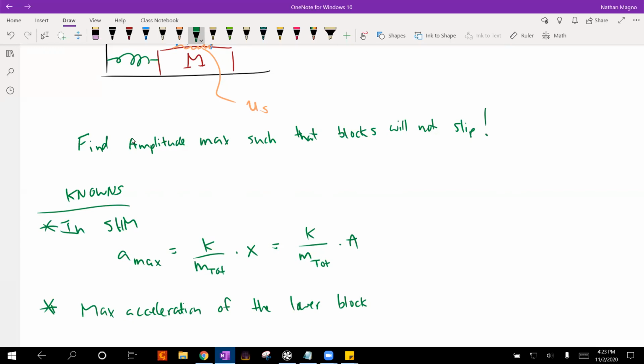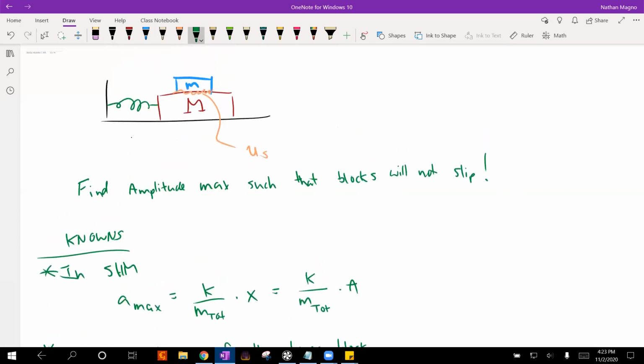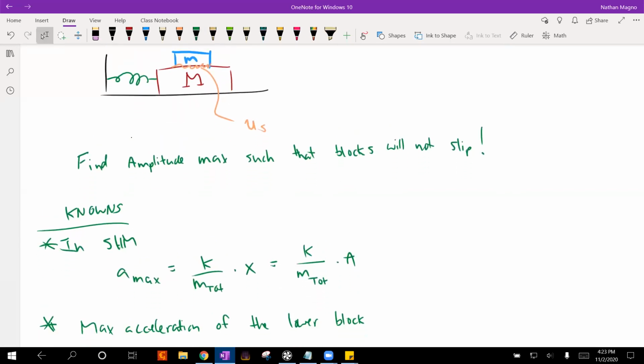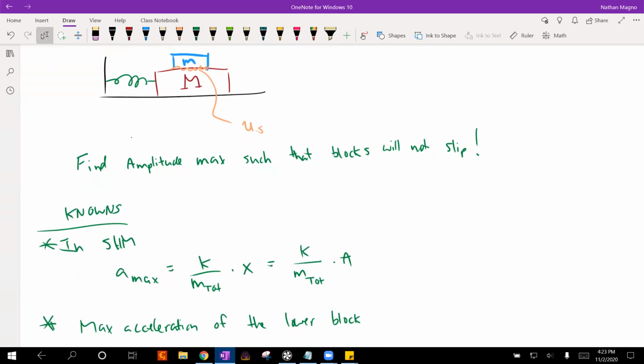So the max acceleration of the lower block, what restraint do we have if we want it so that it doesn't slip from the top block M? Is it friction? Yeah, friction, exactly.